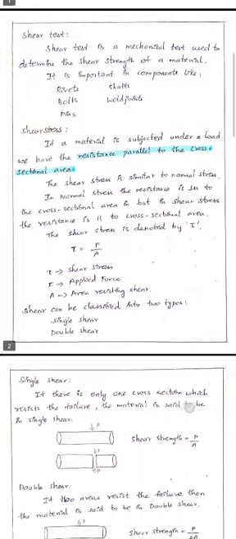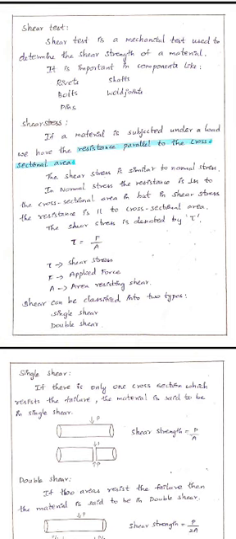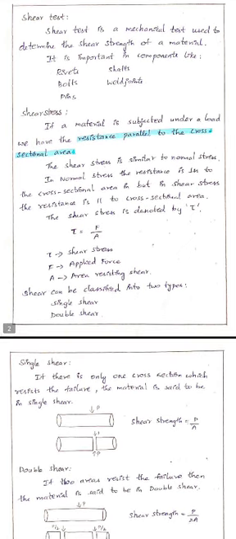And coming to shear test, it is mainly used to determine the shear strength of materials. It is important in components like rivets, bolts, pins, shafts, weld joints. We all know about shafts, weld joints, bolts and pins, but rivets is a little bit new for us. A rivet is a kind of permanent fastener used to join metals.